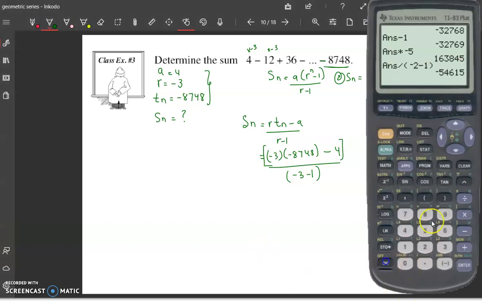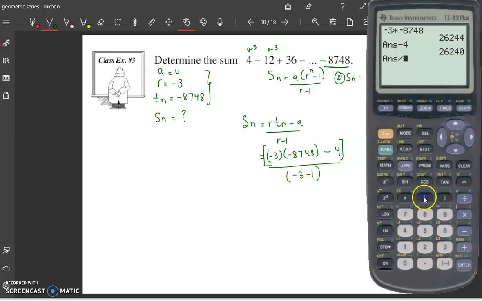Okay, so in this one here, you will first start with the most complicated part, which is -3 times -8748. So get your answer for that, minus 4. And then you're dividing it by -4.